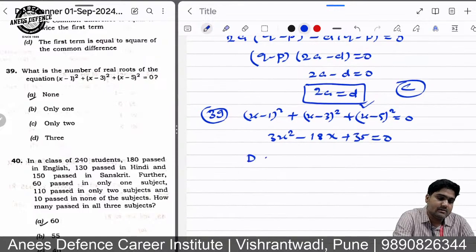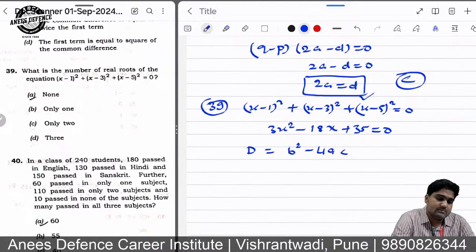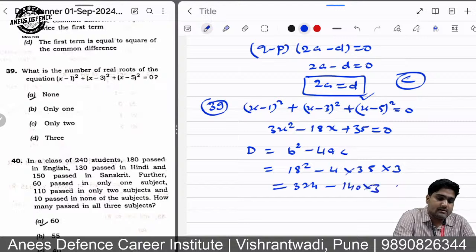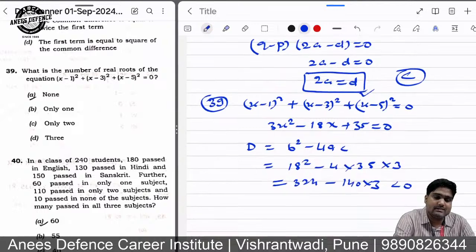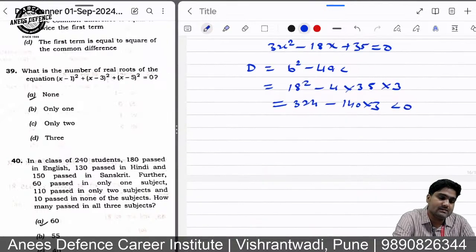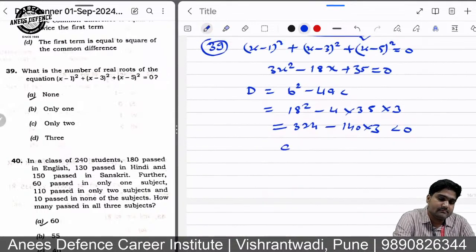The discriminant is b squared minus 4ac. So 18 squared minus 4 into 35 into 3. 18 squared is 324. 140 into 3 is 420, and 420 is higher than 324. So the discriminant is negative. So no real root exists for this expression. So option A is the correct answer for question number 39.